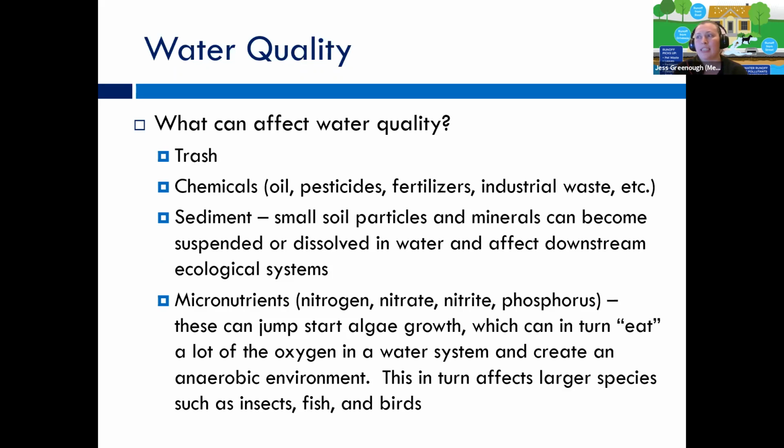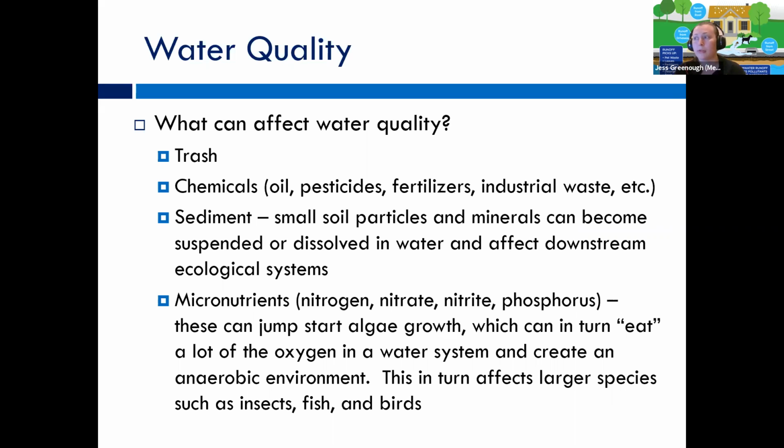So there's a lot of different things that can affect the water quality. The big one is trash. You've probably all heard about the trash piles that are forming in the ocean. That's all coming ultimately from our developed areas, from people littering and things like that, and it ultimately washes into the ocean. But we also have a lot of other things that can really affect and damage our water.